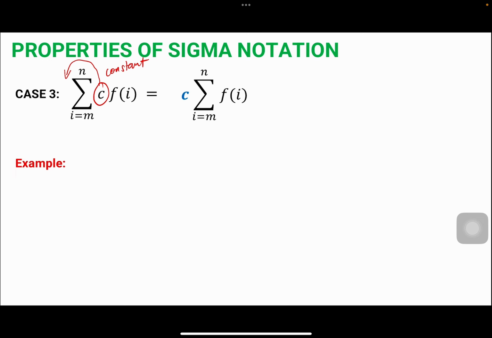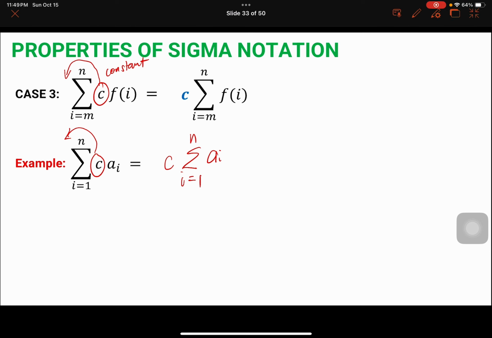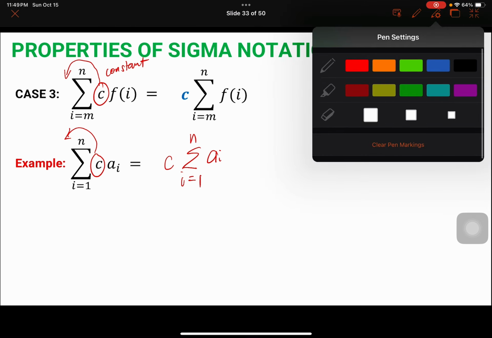So for example, meron tayong summation ni C times A sub I, where I is equal to 1 up to N. So first thing to do, let's isolate the C. So magiging C summation of A sub I from I is equal to 1 up to N. So already isolate the C or transpose the C or relocate.